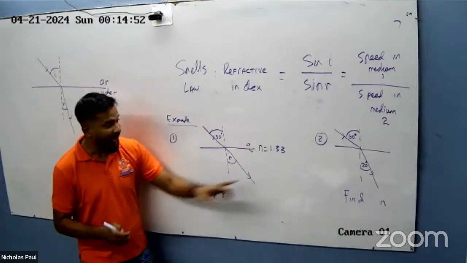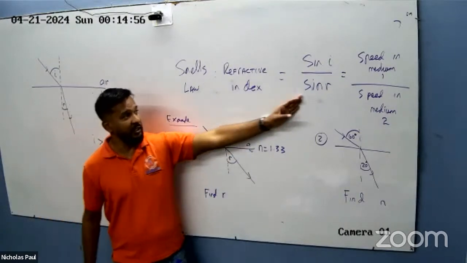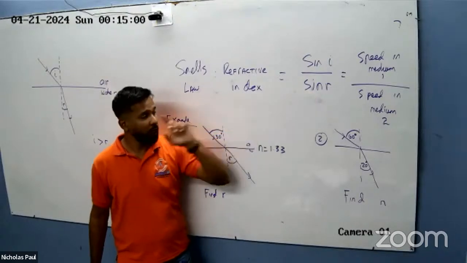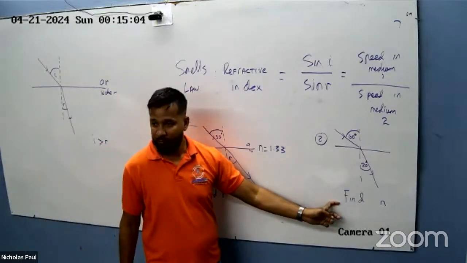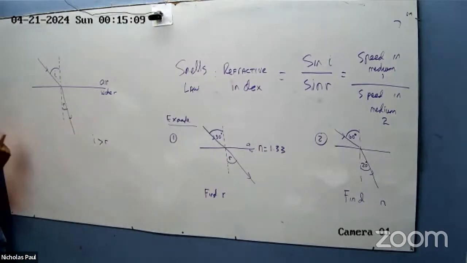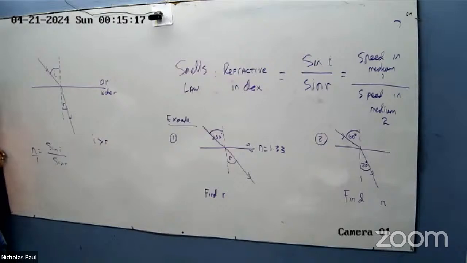So you know N, the refractive index, and you know I. You use this relationship and make R the subject of the formula. And here, you find N. For those who are bad at changing the subject of the formula, I want you to practice this. N is equal to sine I over sine R. Two fractions with an equal sign, what do you do?